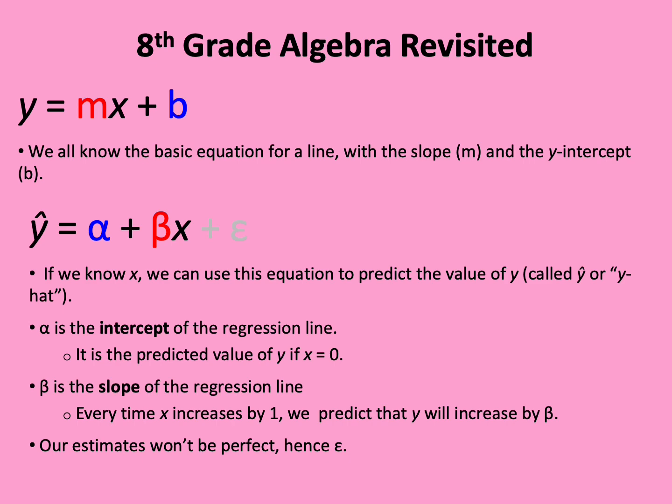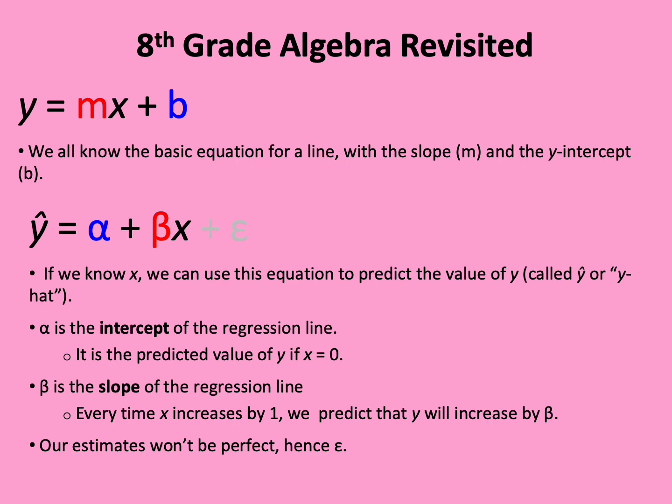In this equation, the alpha value represents the intercept of the regression line, which is the predicted value of y if x equals 0.